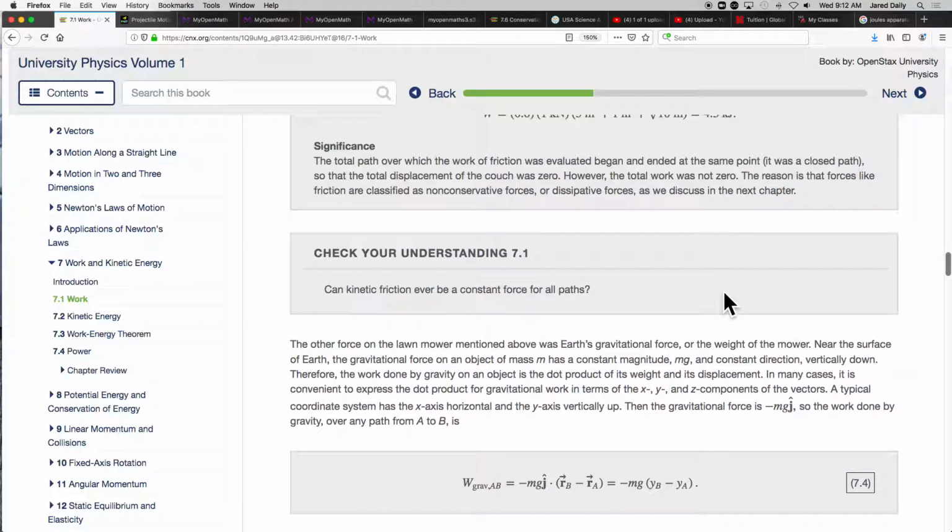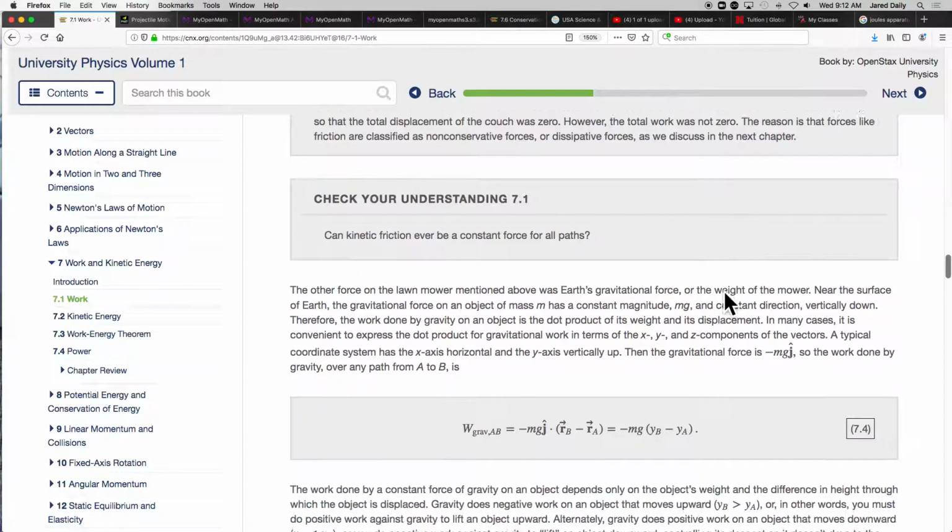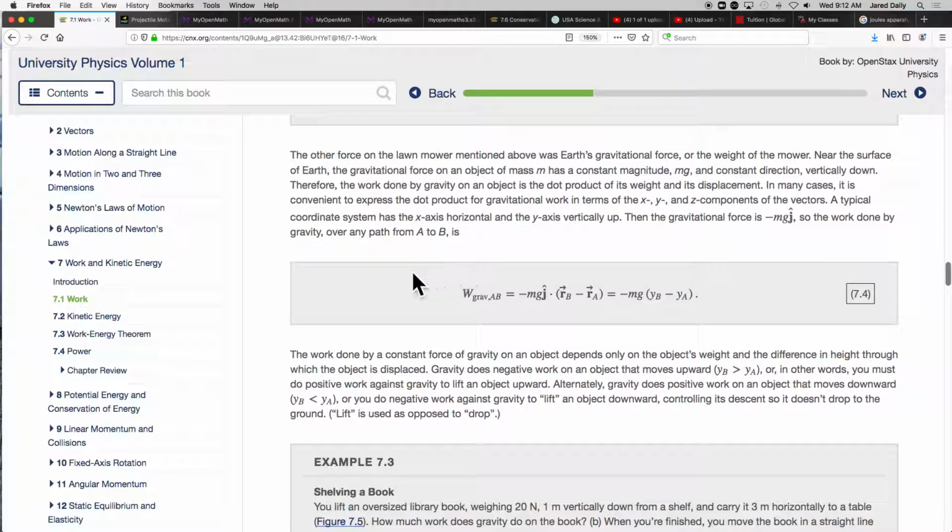Yeah, right here. So in this case, this is the other one that I wanted to mention, is the work done against gravity. When you say the work done against gravity, that's always movement straight up where gravity is pointing straight down, right? And the work done against gravity is equal to mg times the change in the height. And they throw a negative sign in front because the work that you do against gravity is always in the opposite direction of gravity, right?